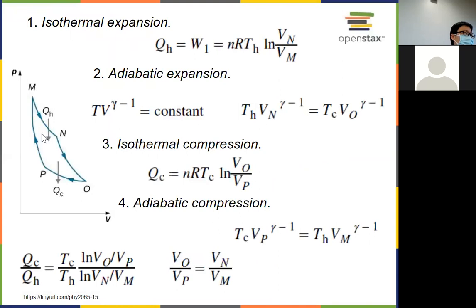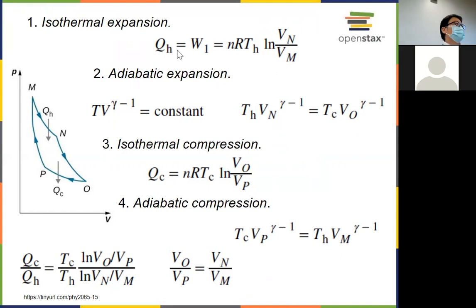So let's take a look. If you have those four slow processes, like quasi-static reversible processes, then what do you have? The heat it takes in, if this is an isothermal process, means the change in internal energy is equal to 0, so then Q is equal to the work done.